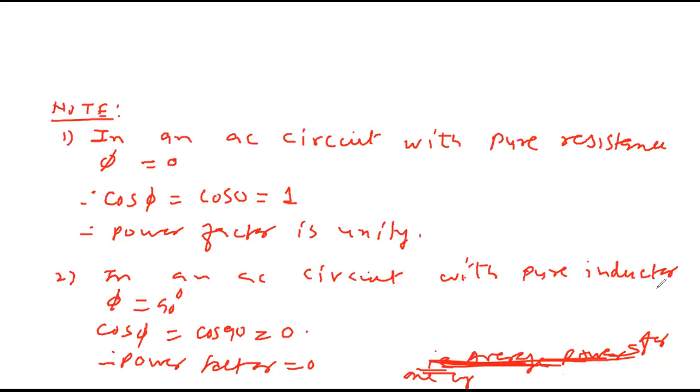Similarly, for pure capacitor, phi is 90, cos phi is cos 90, 0, power factor 0.